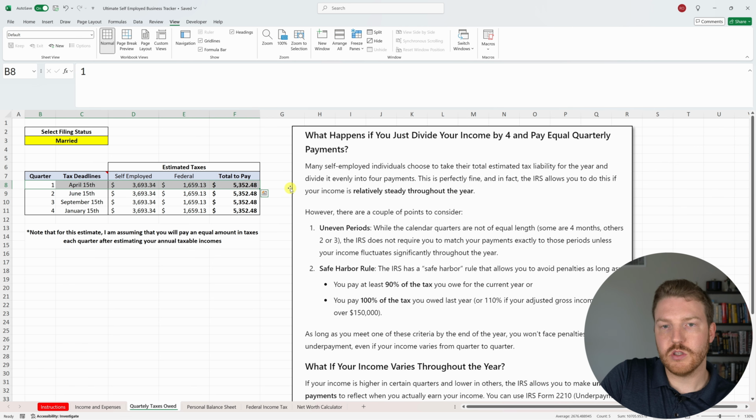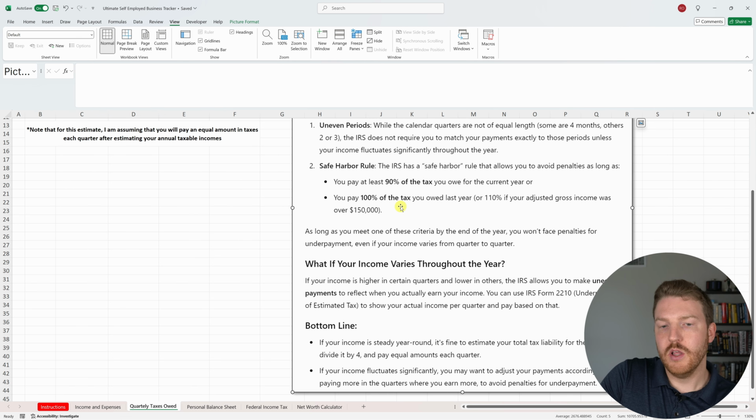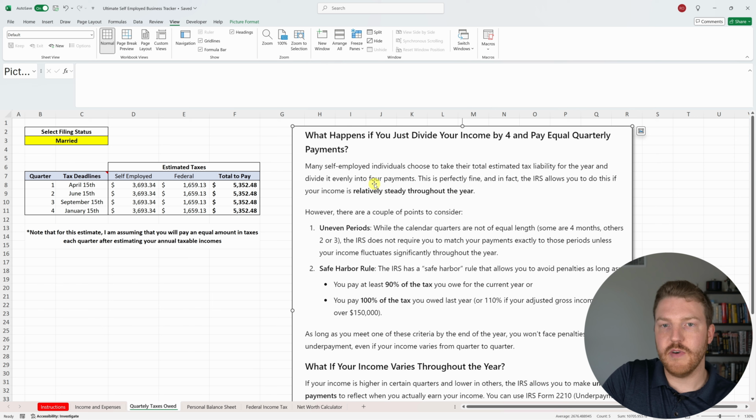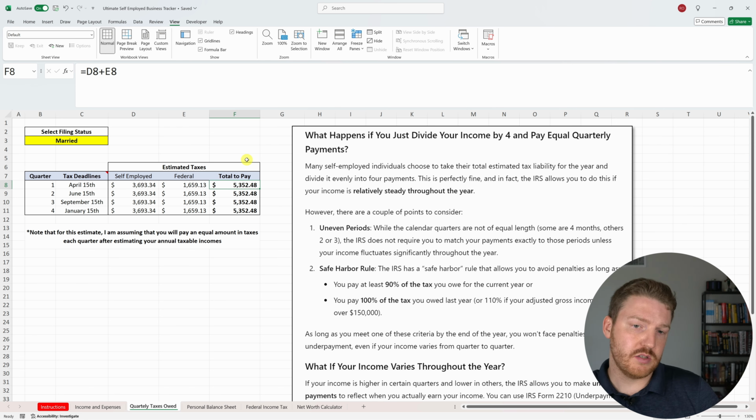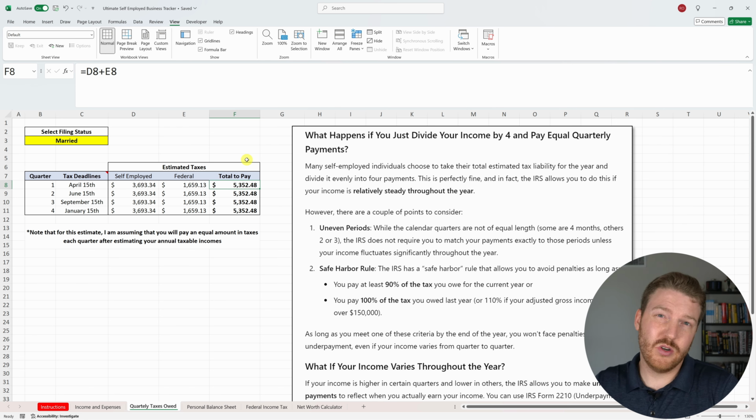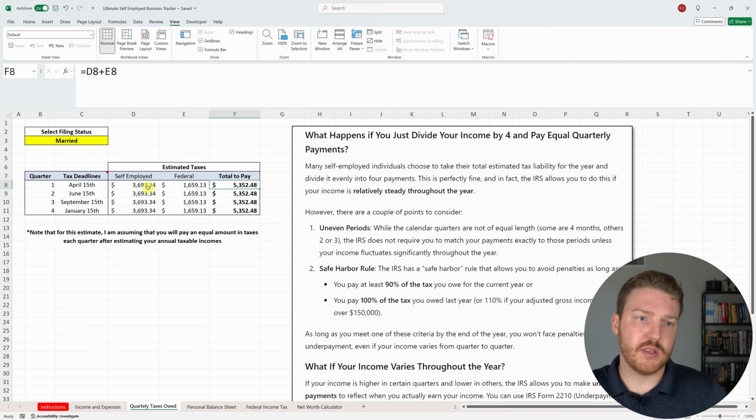Now, I've included some notes here about how you can just divide your expected income by 4 and pay equal payments quarterly. So that's the methodology that I've built into this spreadsheet. There is also an alternative where you figure out how much you made each quarter and you pay based on that quarter, but I'm keeping it simpler with this estimate.